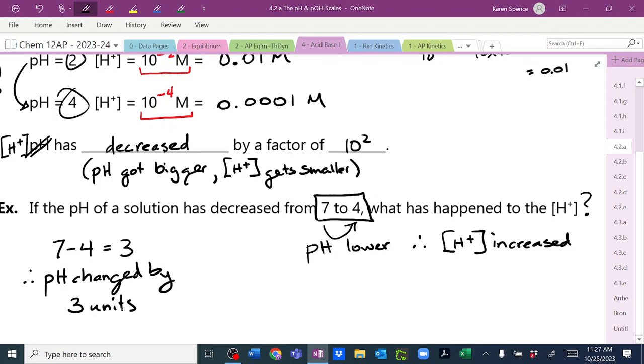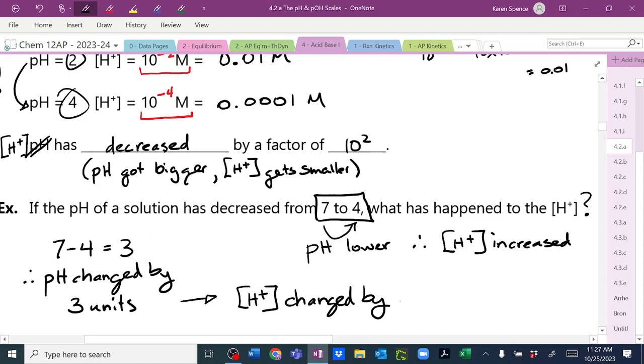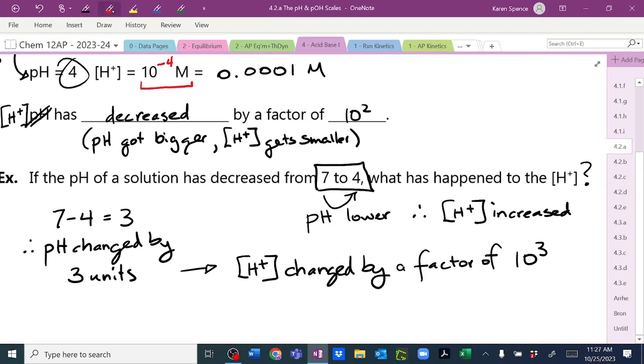And if it changed by 3 units, that means the concentration of hydrogen ion changed by a factor of 10 to the 3, right?